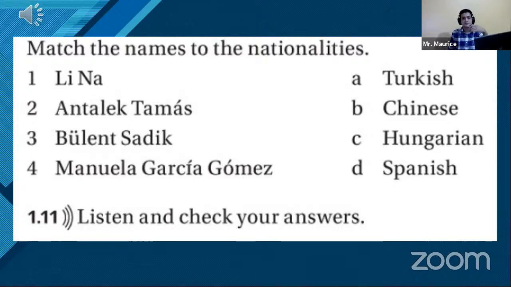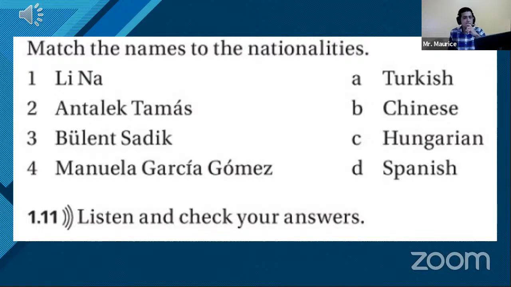I'm Bülent, and I'm Turkish. In my country, we say or write our personal name and then our family name. So, I'm Bülent Sadık. It's the same in some other countries, for example, the UK, the USA, and Thailand. Oh, it isn't the same in China. We use the family name first. My first name's Na, and my family name's Li. So I'm called Li Na.